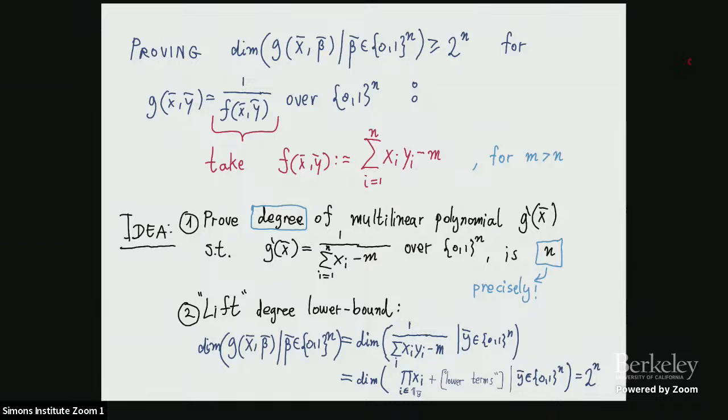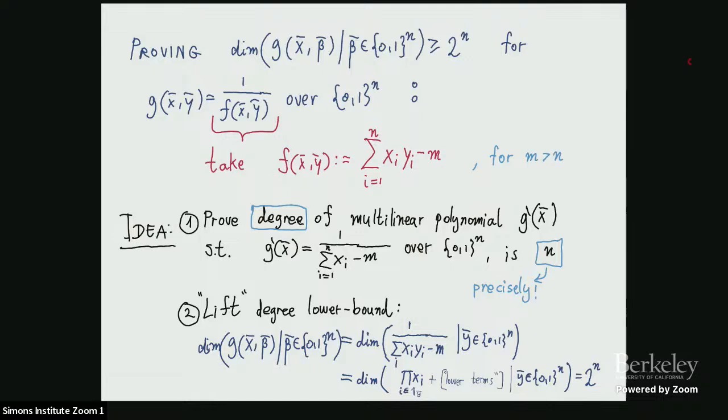Here is the idea. So, proof degree. We need to prove a slightly better degree than Impagliazzo, Kabanets, Wigderson 99. They prove the n over 2 lower bound for degree of PC.